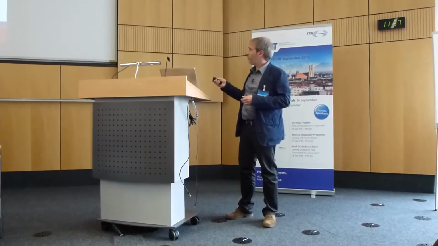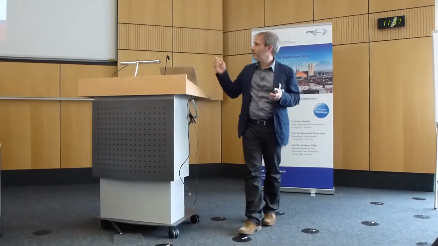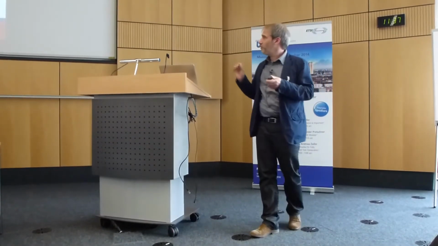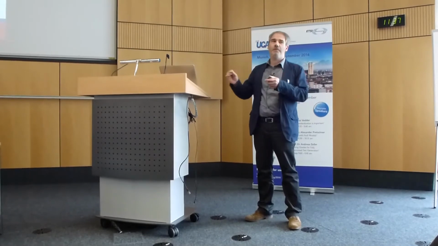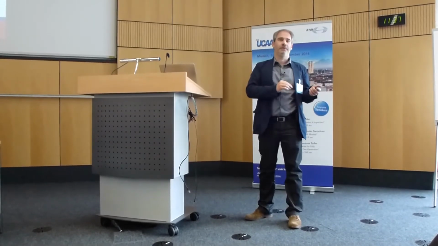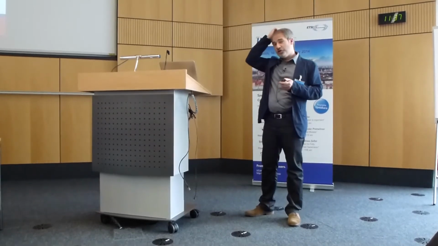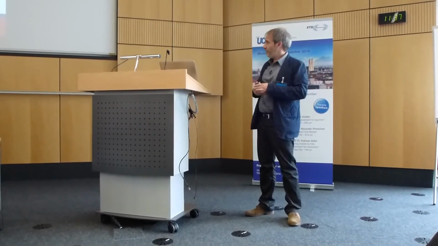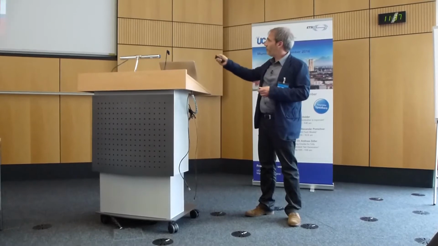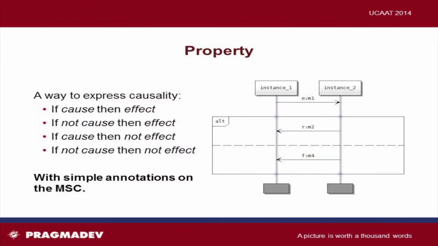To express a property, you need a way to express causality between events. To be able to say something like, if this happens, then this should not happen. Okay? And what the property sequence chart does is that it adds annotations to the messages. So here you see E, that means if.